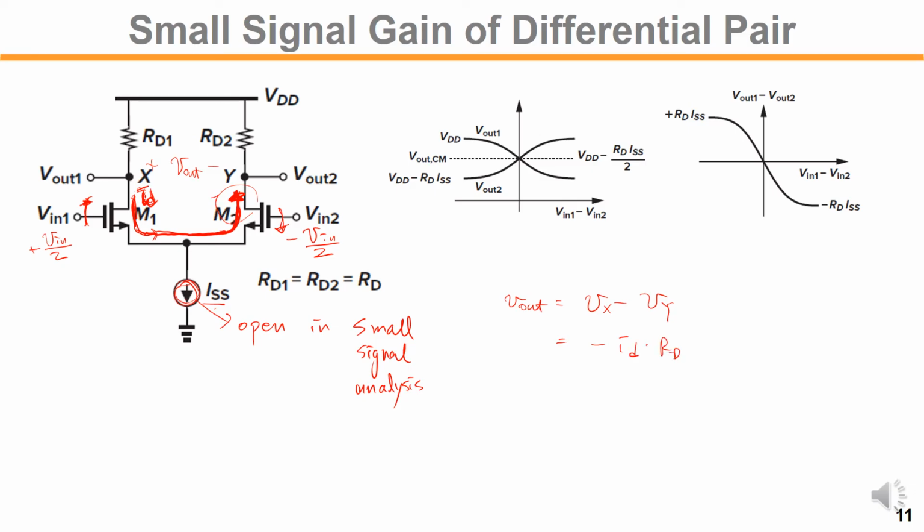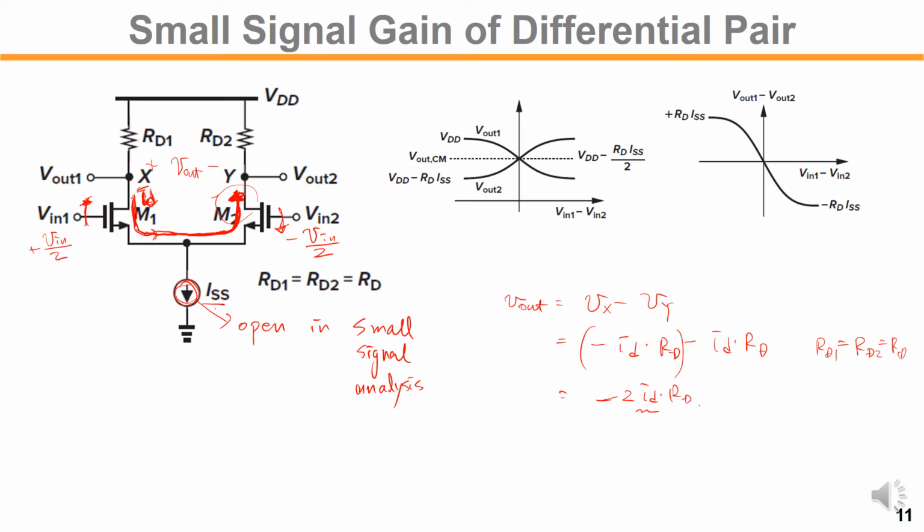If we assume that RD1 and RD2 are the same, RD, then Vx is minus ID times RD, and Vy would be what? ID times RD. So the final output would be 2 minus 2 ID RD. Now the question is how to find the ID.